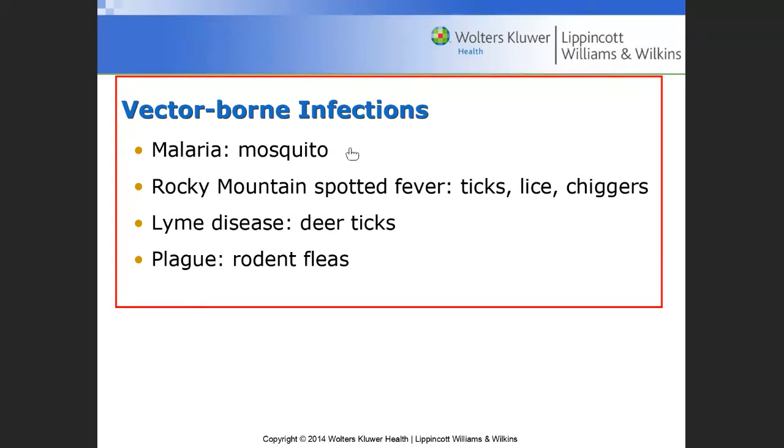The other one transmitted by mosquito is my own work when I was on sabbatical leave. It's the dengue virus, which causes dengue fever or dengue disease. In Sri Lanka, sometimes they call it dengue disease.